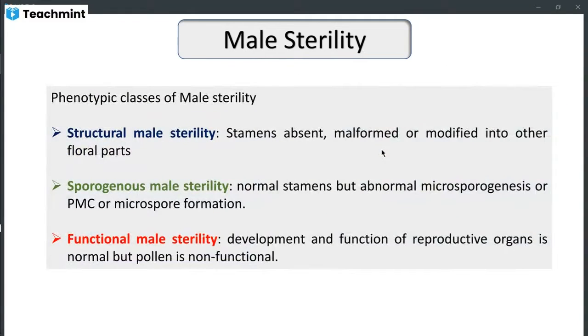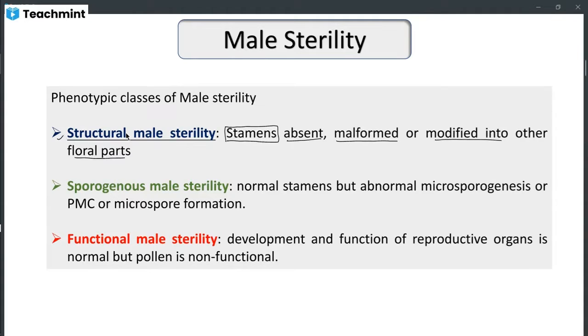so male sterility, based upon the phenotypic class, is divided into three types. Number one is structural male sterility. The name itself clearly indicates that there is some defect in the structure of the male reproductive organ, which means the stamens on the plant are absent, or they might be malformed, or they are modified into different floral parts.